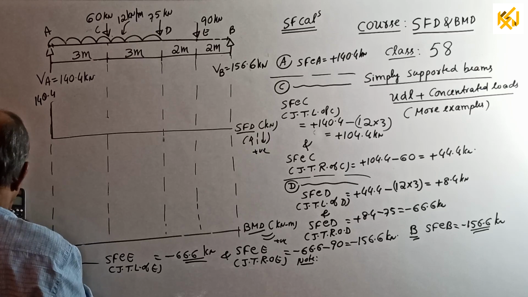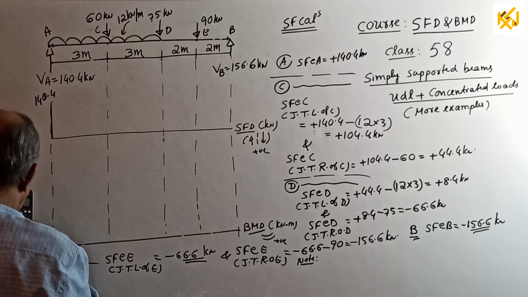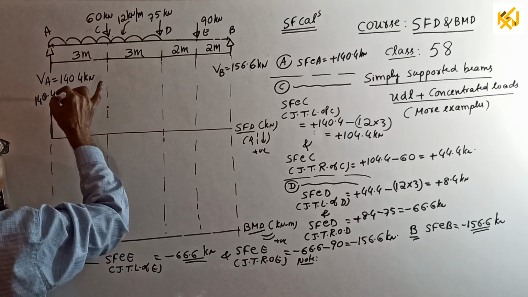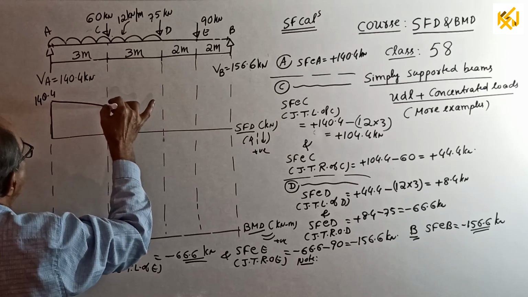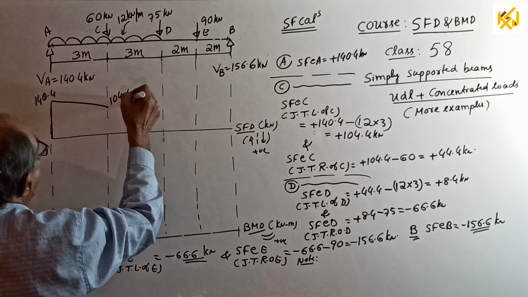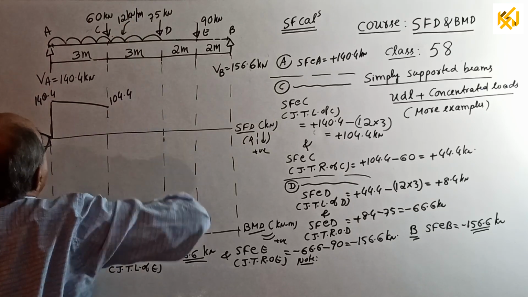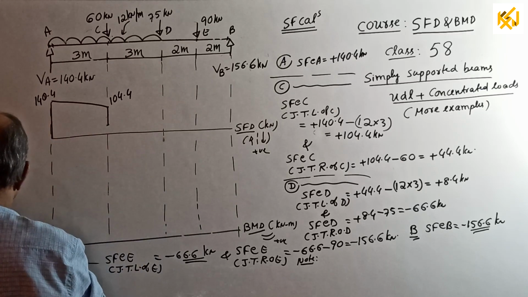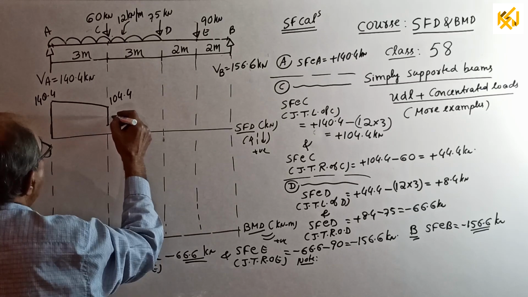So 140.4 minus 12 into 3 will give you 104.4. See, just 36 down. That's all. 104.4. When you reach here, suddenly come down by 60. See, here, 60 down. Minus 60 is 44.4.